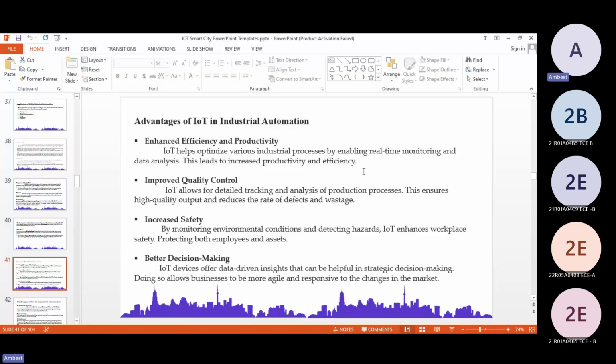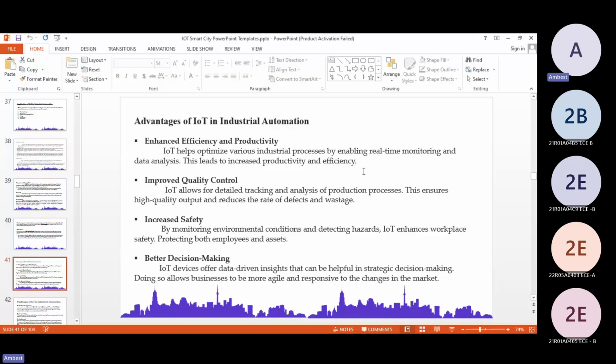So the next thing was, yeah, this is all of the advantages that industrial automation deals with. First thing was enhanced efficiency and productivity. The next thing was improvement of quality control, increased safety, and better decision making.